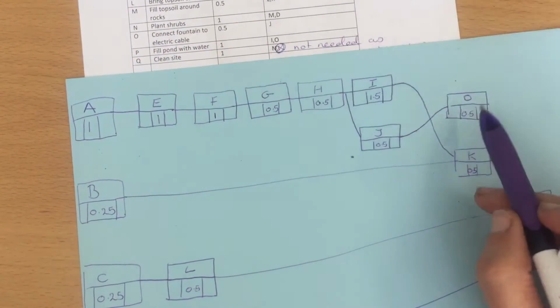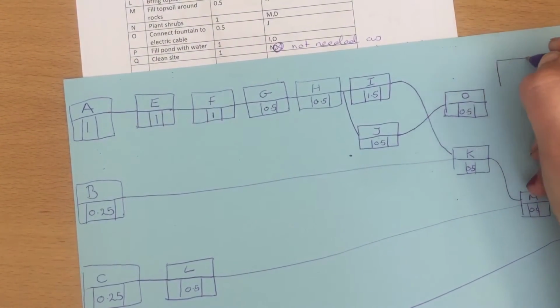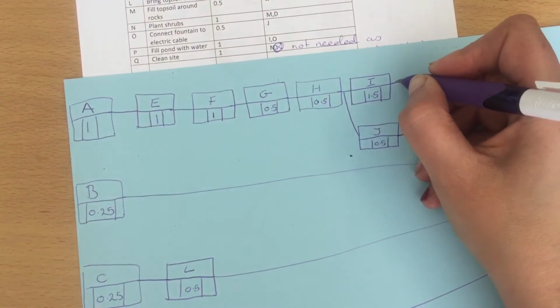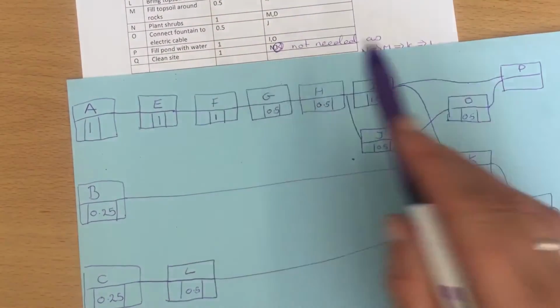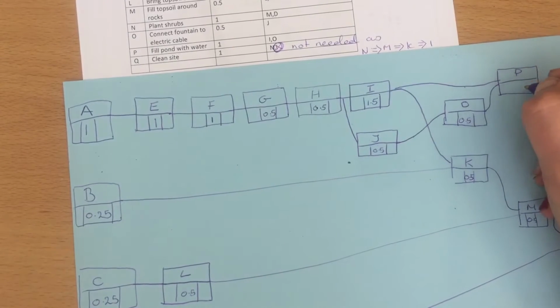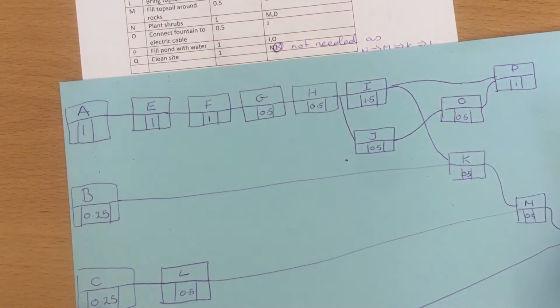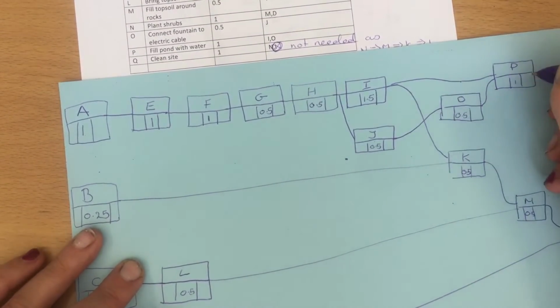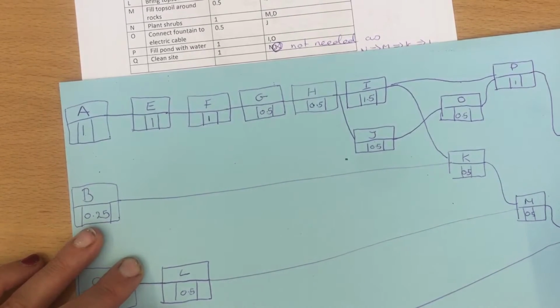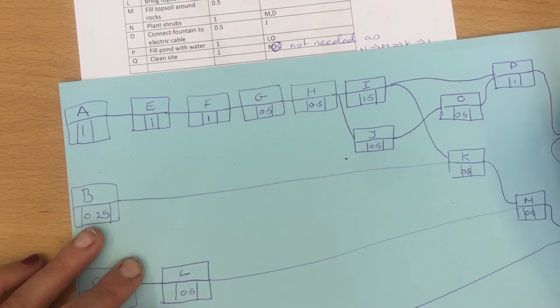P comes out of O and I. So P comes out of O and I. And then Q comes out of N. Oh, didn't fill a little bit in. And then Q comes out of N, and that is 1. And then we have an end, and that goes into our end, and that one also goes into our end.